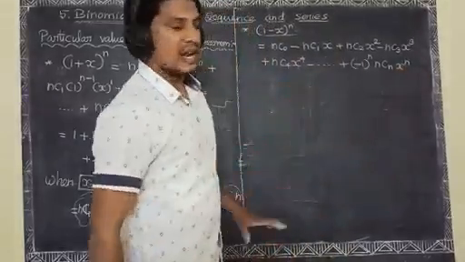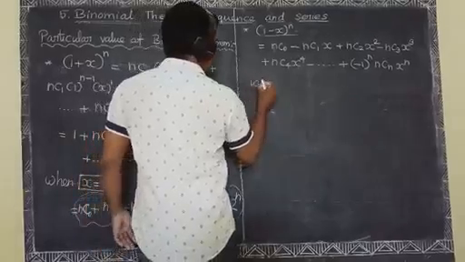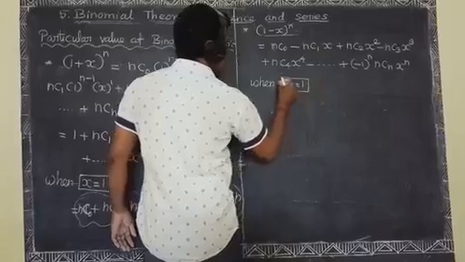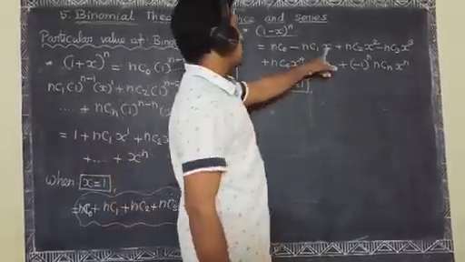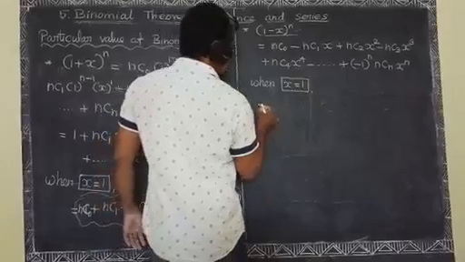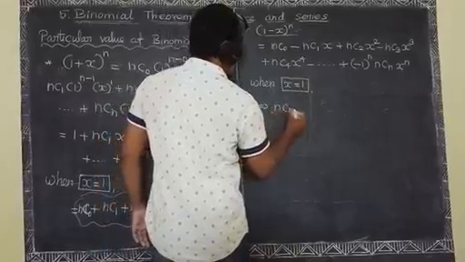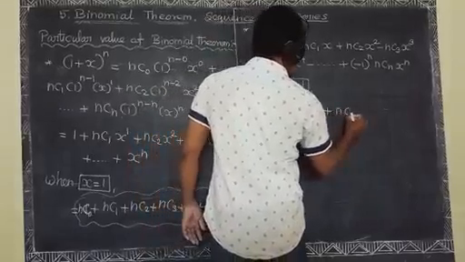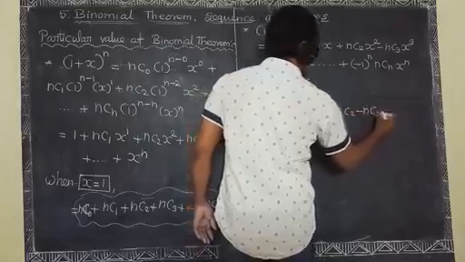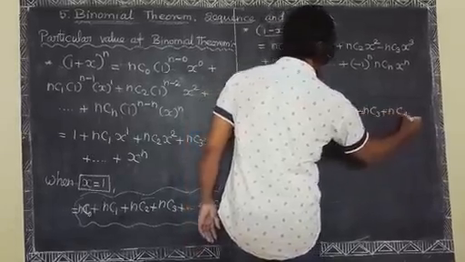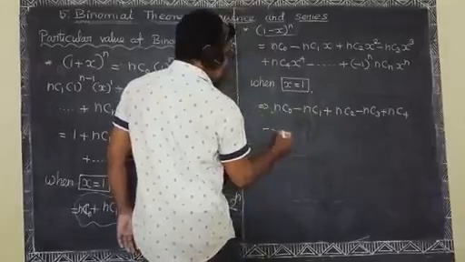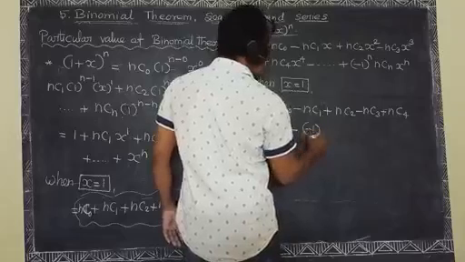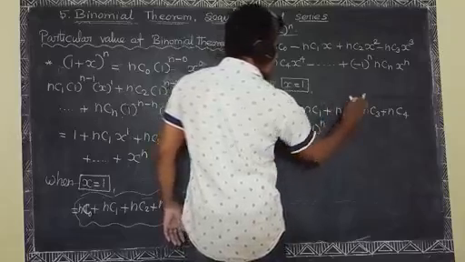Here, substituting x equal to 1, the result is nc naught minus nc1 plus nc2 minus nc3 plus nc4 minus and so on, and the last one is minus 1 the whole power n into ncn.